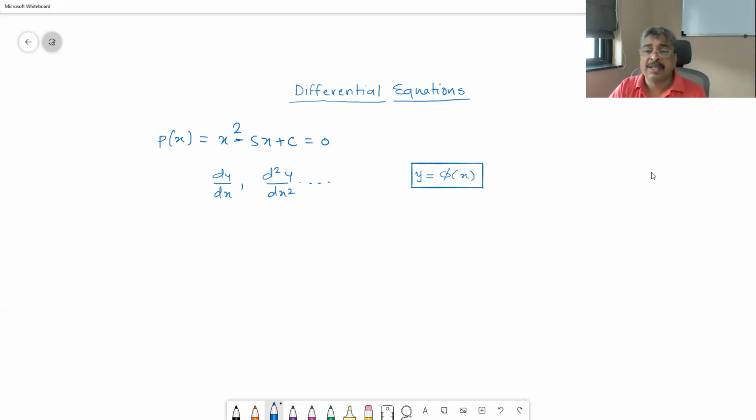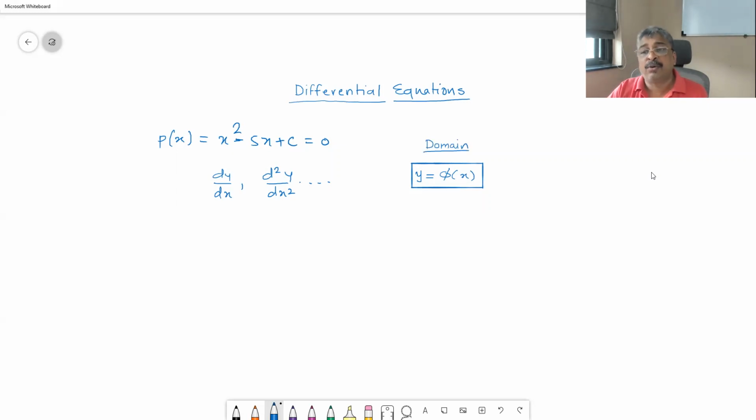But it is not only that, because the moment we say function, we need to know the domain. So if we solve a differential equation, we also should find out the domain of definition of the function that you will say is a solution of the differential equation.